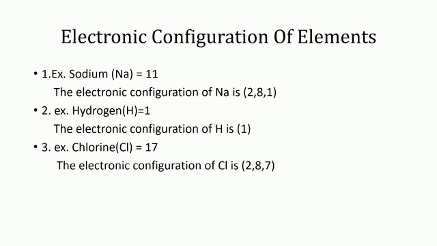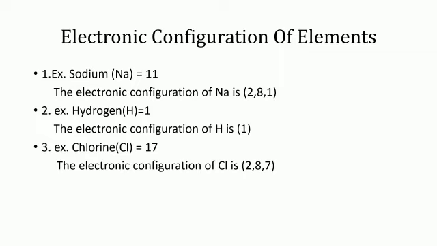Electronic configuration of elements. It is the distribution of electrons of an atom. In distribution of electrons, we studied that 2, 8, 18, 32 electrons can be accommodated in the shells K, L, M and N respectively. This is the maximum capacity of a shell.